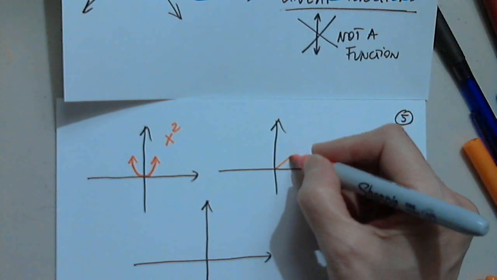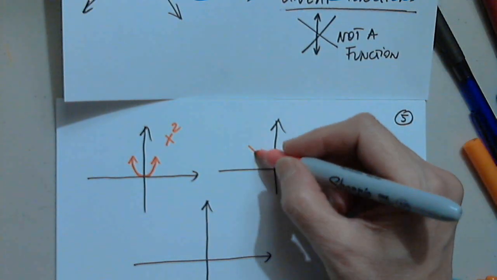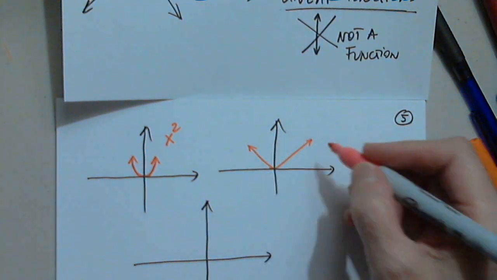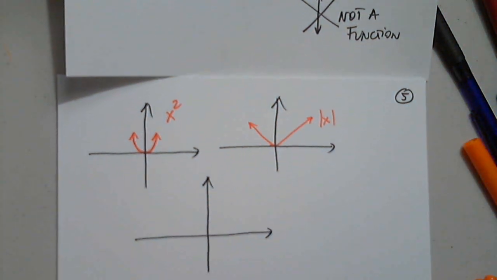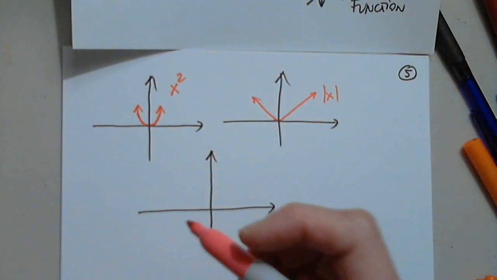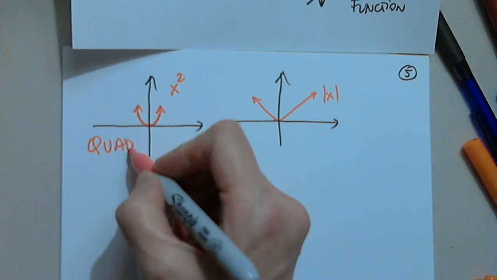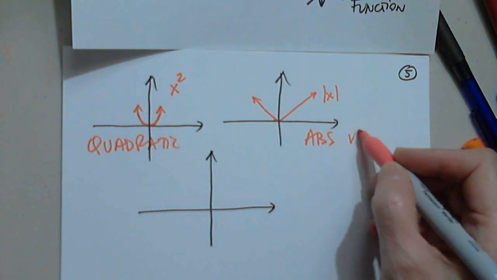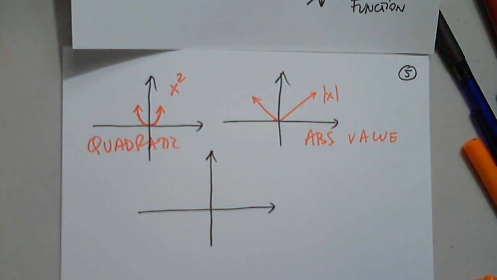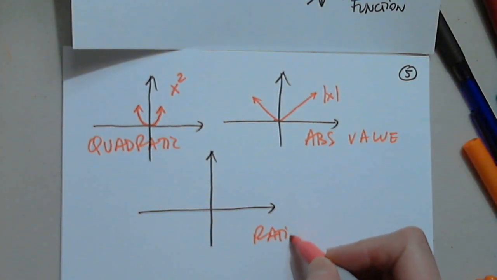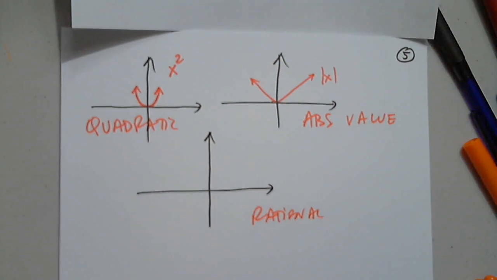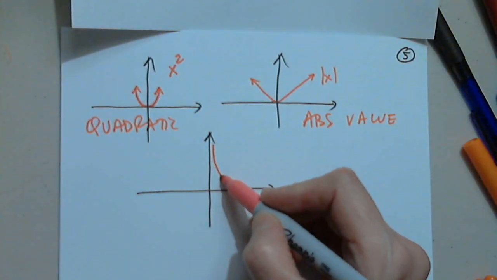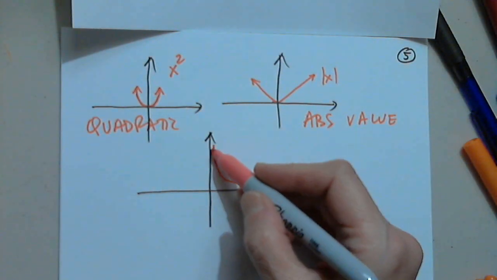Here's the absolute value function. It's a V function. Here's the rational. So this is quadratic. Here is absolute value. And here's rational. Here's the graph of a rational function. Not a friendly function.